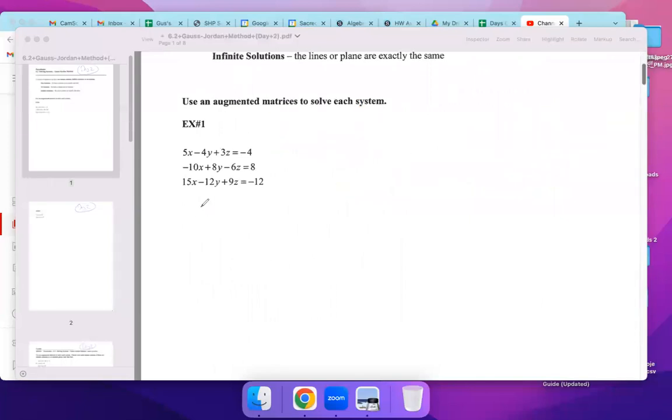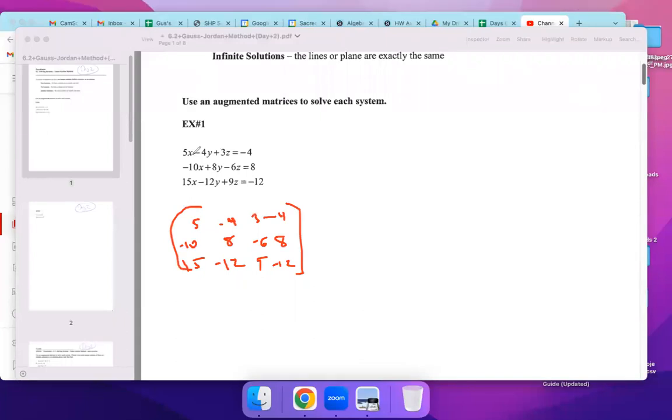So we make an augmented matrix of 5, -4, 3, -4. That 4 looks like an 11, let's fix that. -10, 8, -6, 8, 15, -12, 9, -12. Now, one thing you'll notice is that these are multiples of each other, right?